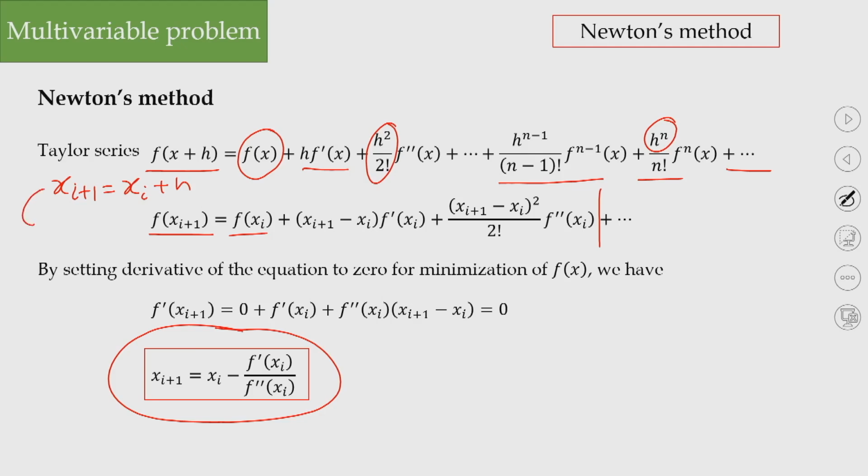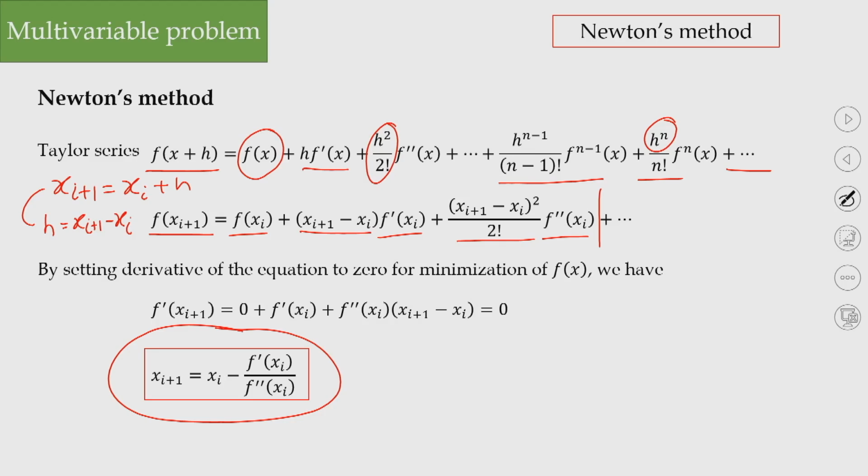From here I can write that h equal to x I plus 1 minus x I. Okay. So, f of x I plus 1 equals f of x I plus x I plus 1 minus x I times the first derivative at x I, and h square, that is x I plus 1 minus x I whole square divided by factorial 2, times the second derivative at x I.